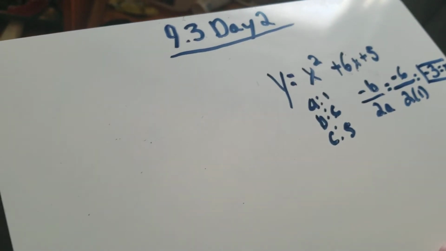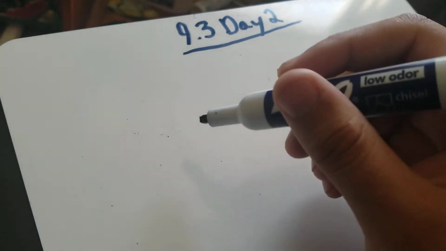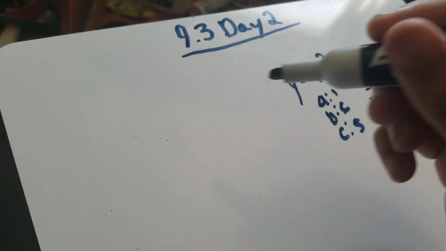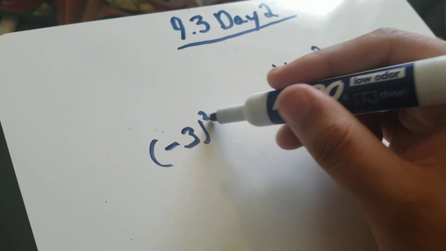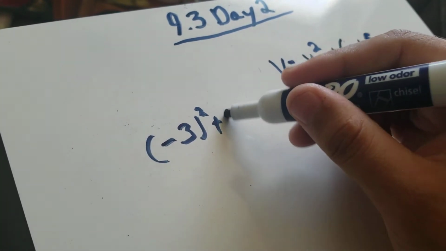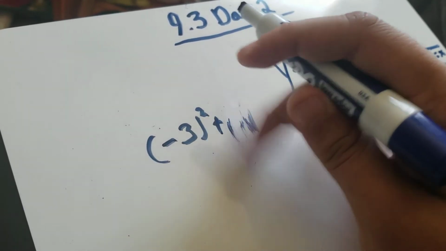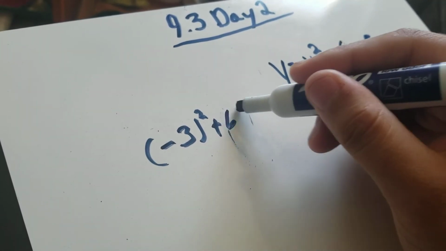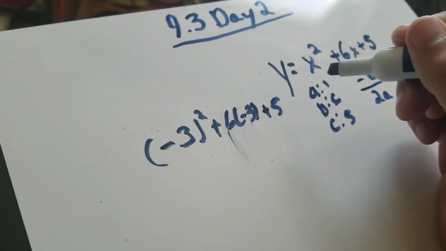So what are we going to do with that x of the vertex? We're going to take it and plug it into this equation right here. That is negative 3 squared plus 6 times negative 3 plus 5.